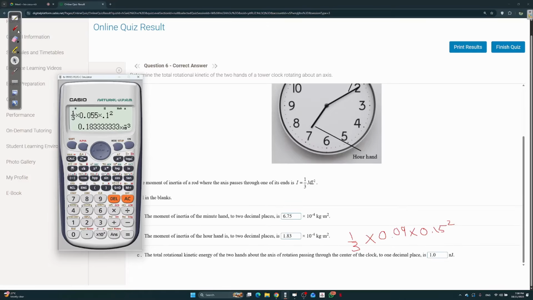And then find the rotational kinetic energy. KE rotational is half I omega squared. So it's going to be half times the net moment of inertia, which is both of them summed together. Add these two together, 6.75 and 1.83, times 10 to the power negative 4.